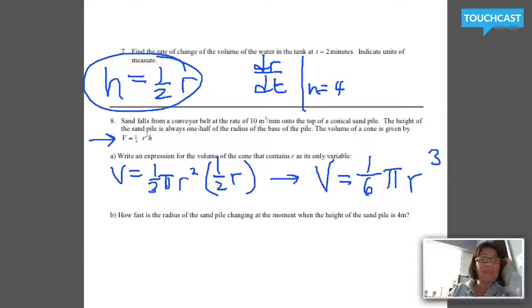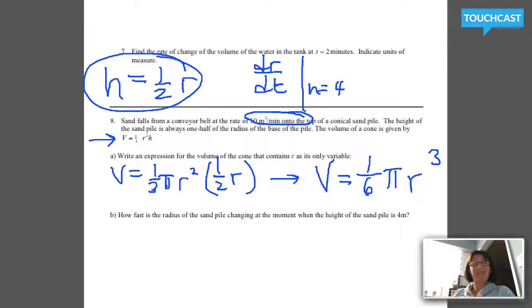And here's another question. We said we want to answer a related rates problem. We want to think about any rates we're looking for, dr dt, and any rates we might already know, because we want to make sure that the equation we write contains both of those variables, not their derivatives, but both of those variables. And it turns out this is actually an important piece of information. Sand falls from a conveyor belt at 10 cubic meters per minute.